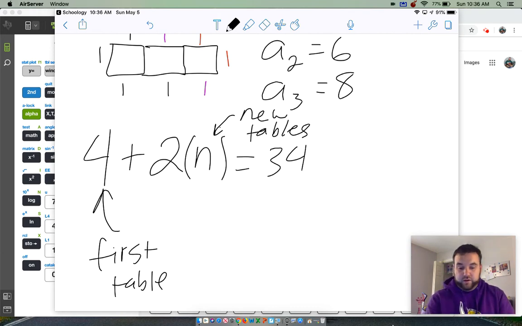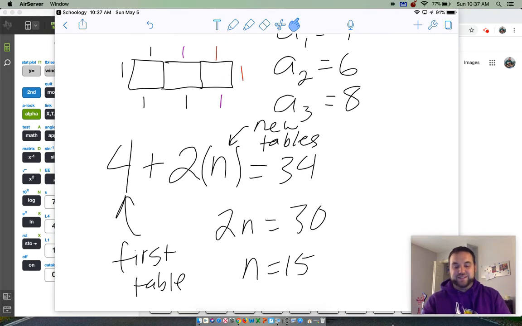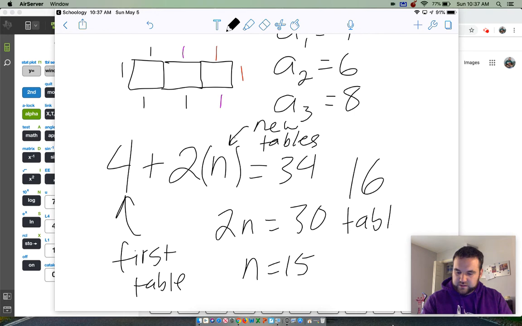So we can just solve for n here. If I subtract 4 from both sides, I have 2n equals 30. Divide by 2 on both sides, n equals 15, which means I need 15 additional tables, 15 new tables to add on to the first one. So overall, I would need a total of 16 tables.